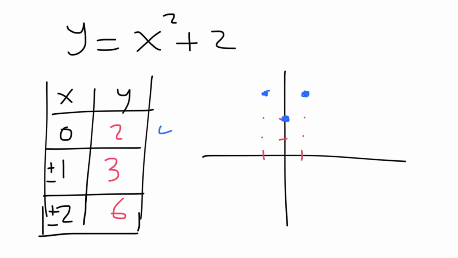So that's 3 points. The last ones now: x equal 2, which is almost here, and then y is 6: 1, 2, 3, 4, 5, 6, almost here. So you have this value here.